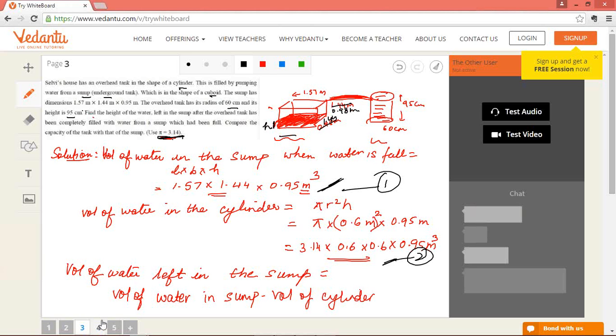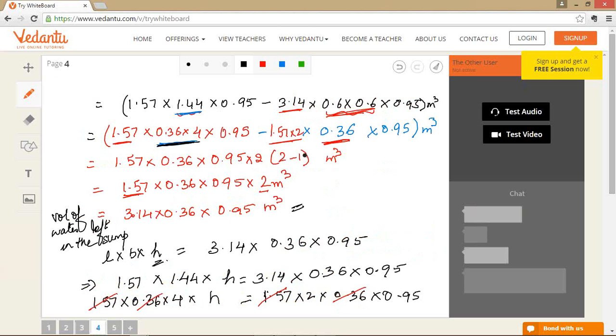So 3.14 and 1.57, there's a connection. Therefore they gave us 3.14. Then while doing the calculation, avoid doing multiplication till the end. Try to simplify it by cancelling.